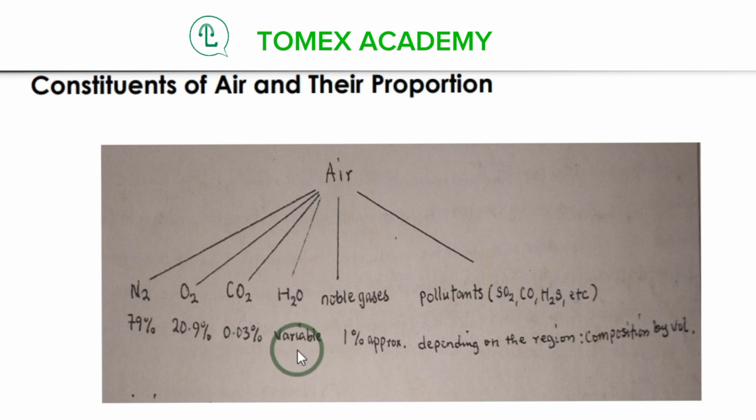Water is not constant, it varies, depends on many factors. Noble gases 1%. Also pollutants, this also varies. It depends on region and composition by volume.